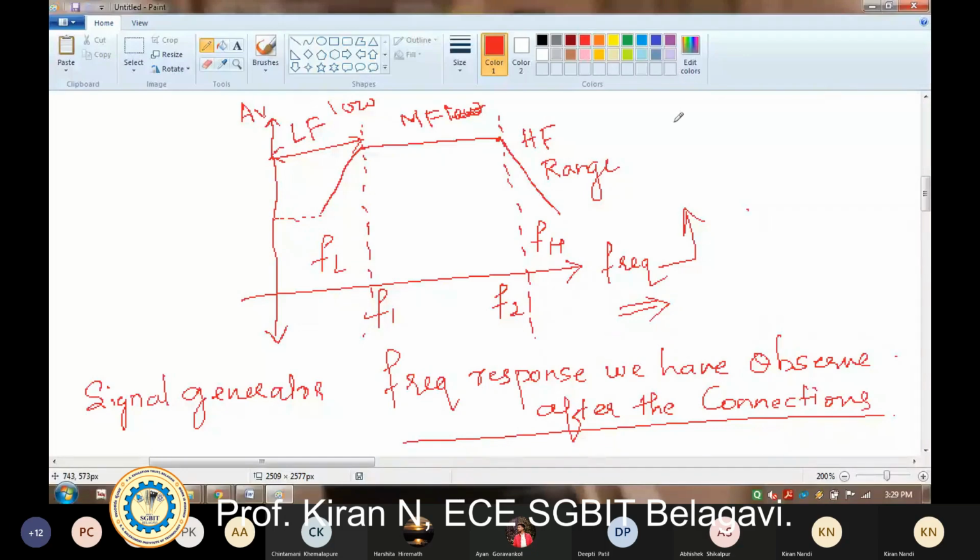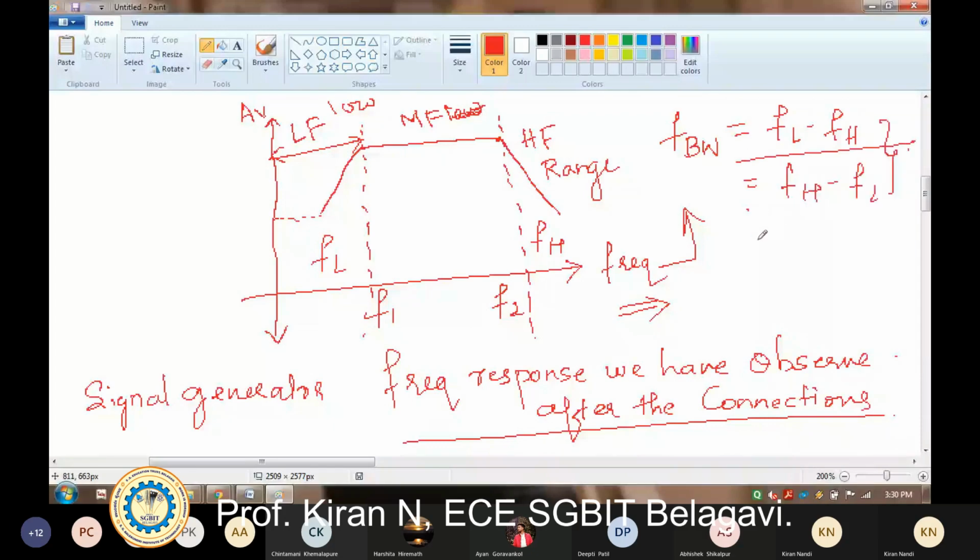Now, the difference of these, the frequency bandwidth, is given by FH minus FL, or FL minus FH, either one. Both are the same.